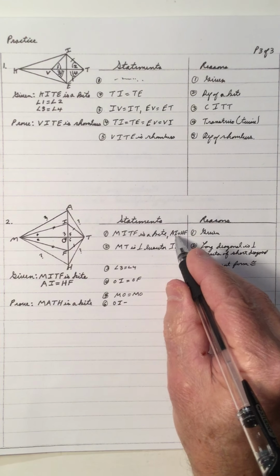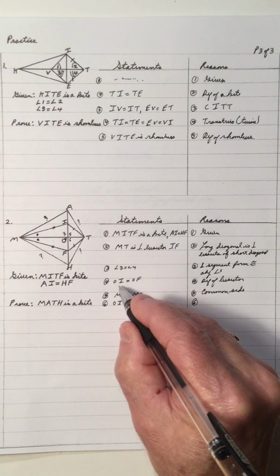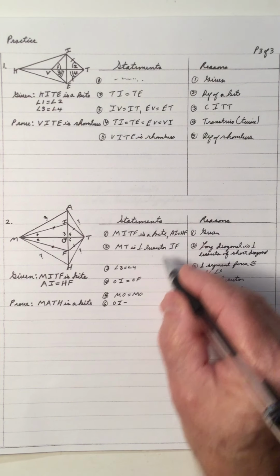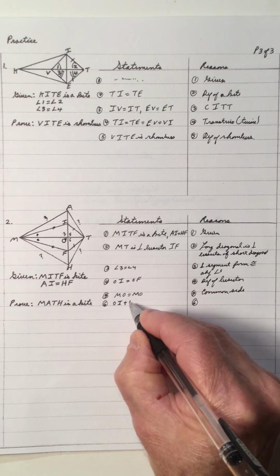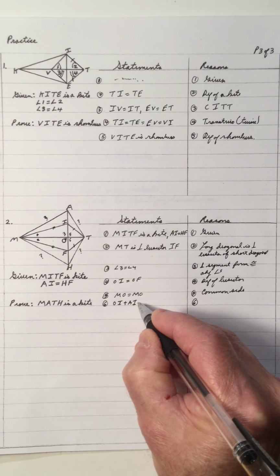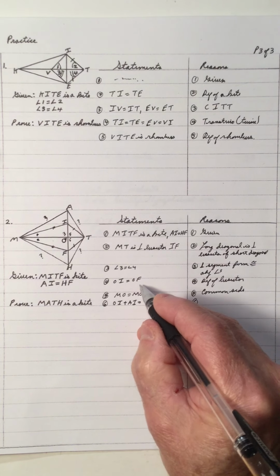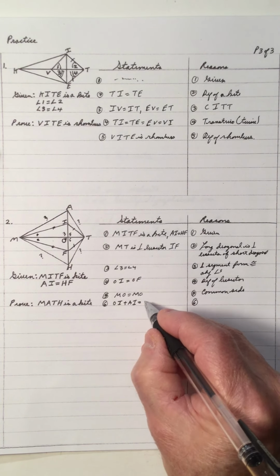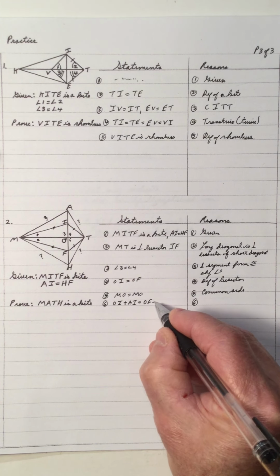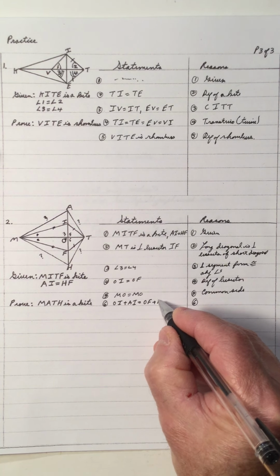So now I can take OI and AI, and take OF and add on HF.